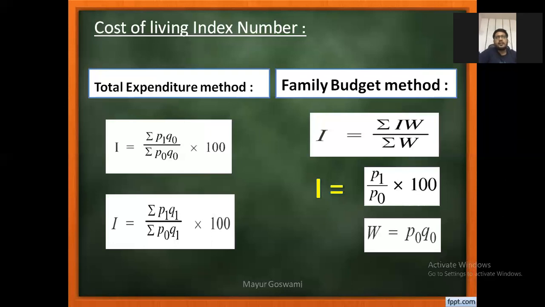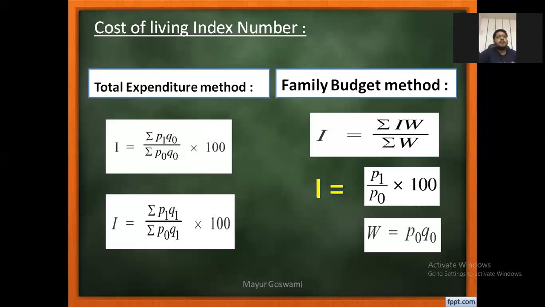So either you can use the last year's index number in the total expenditure method, or you can use another formula, which is sigma P1 Q1 upon sigma P0 Q1 into 100, which is again Paasche's index number. So it is either or, any formula you can use. It is decided based on the information given in the example, right?